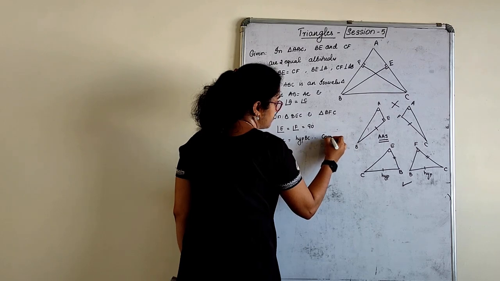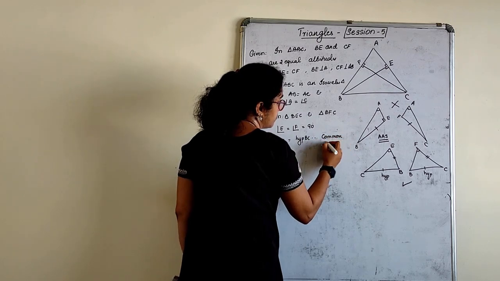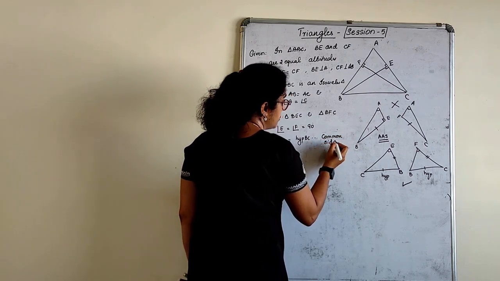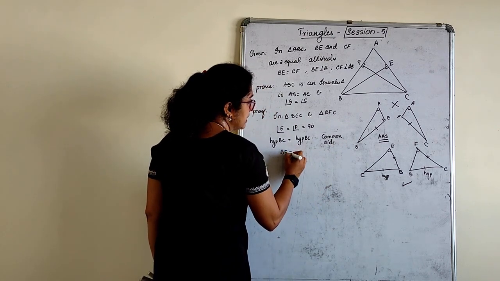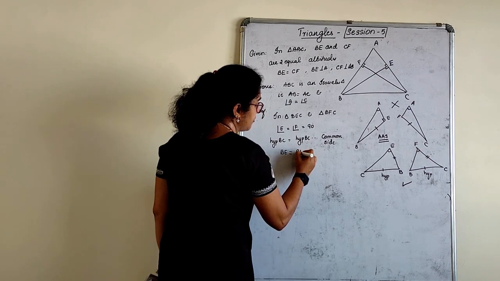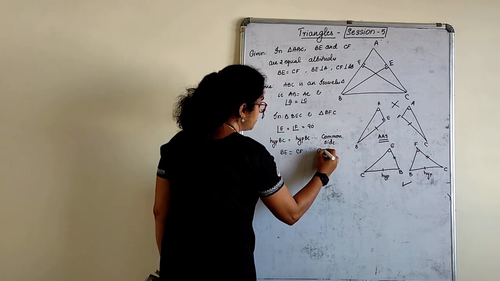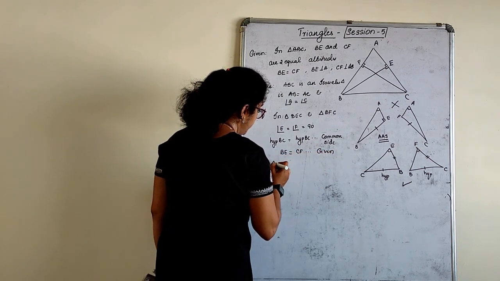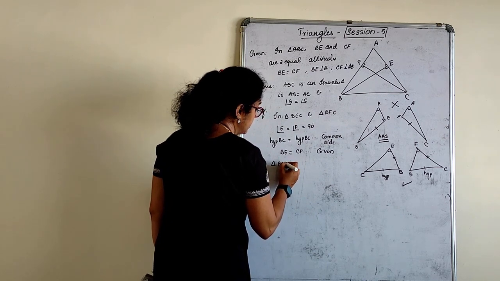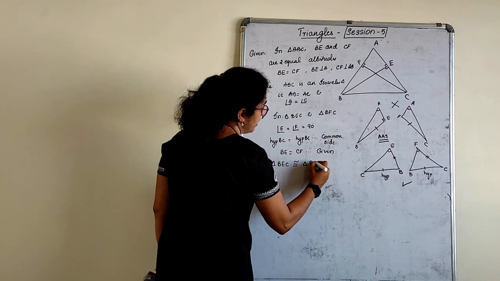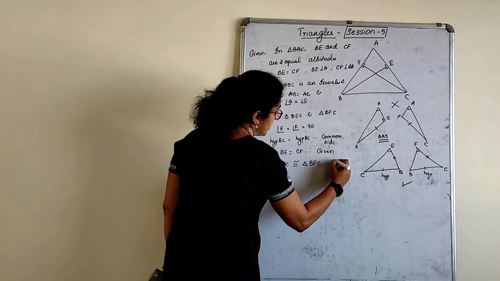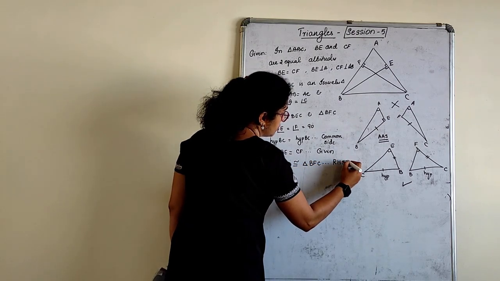Common side. Since it is common, that is why it is equal. BE is equal to CF, given. Therefore, triangle BEC is equal and congruent to triangle BFC by RHS congruence rule.